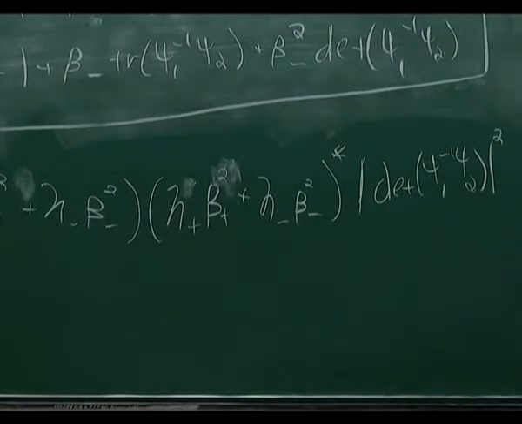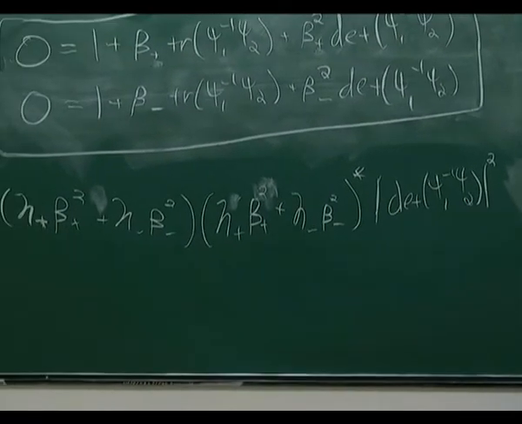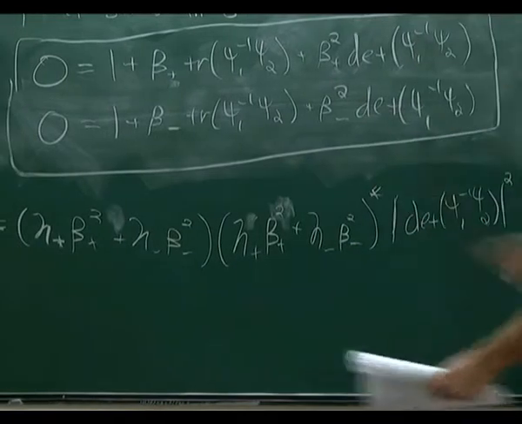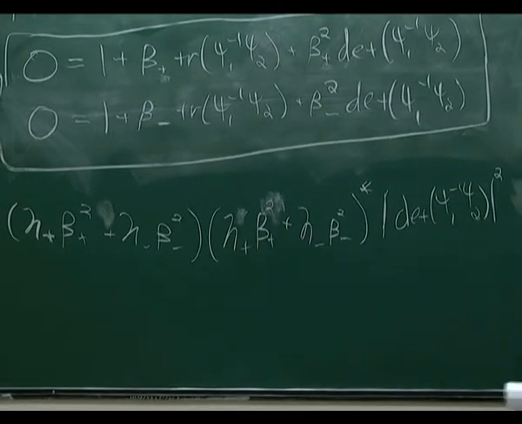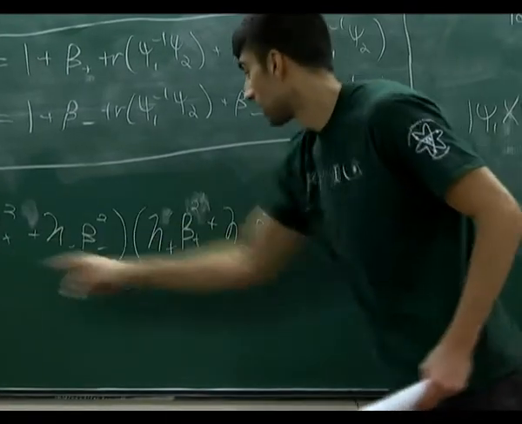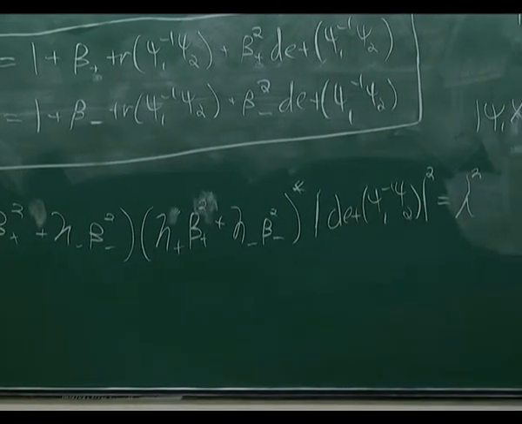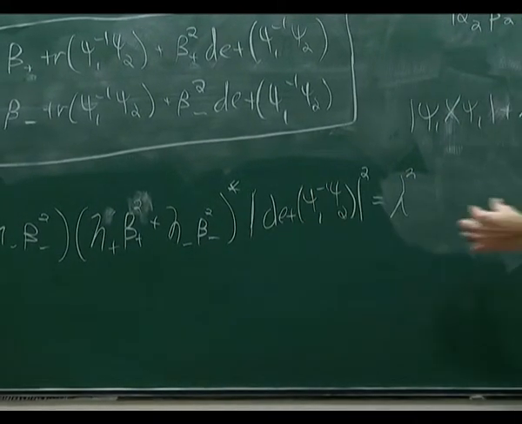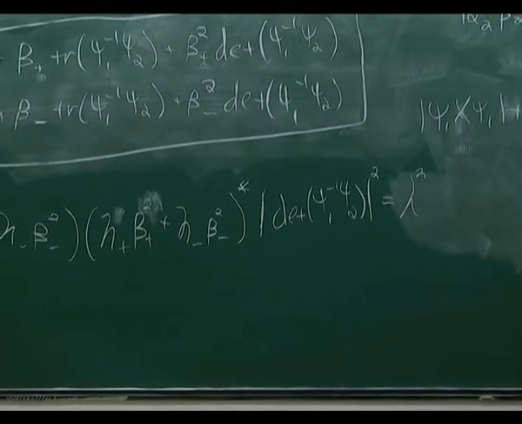Okay, and so this is just equal to, so here we look at this part here, and this is equal to lambda squared. Right, so if you square lambda, you get that that's equal to this whole chunk there. So this is just lambda squared. And now we use some properties of the determinant: you write the determinant as the product of determinants, and we have the minus 1, so that gives us the inverse of the determinant.